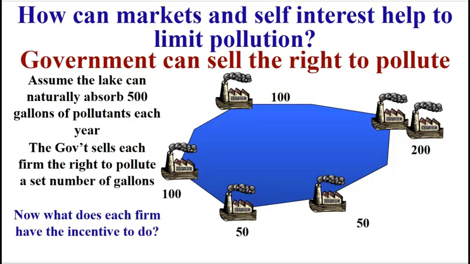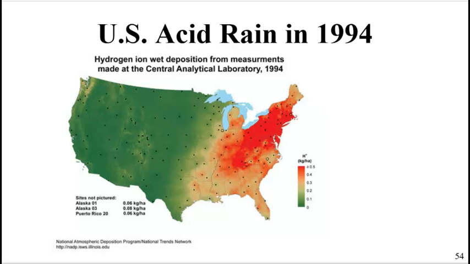A great example of this is the acid rain that we saw in the early 90s. It was pretty significant, particularly on the East Coast, and again, I'm not a science teacher, so bear with me here, but you can see acid rain having a significant impact on the eastern half of the United States for the most part.